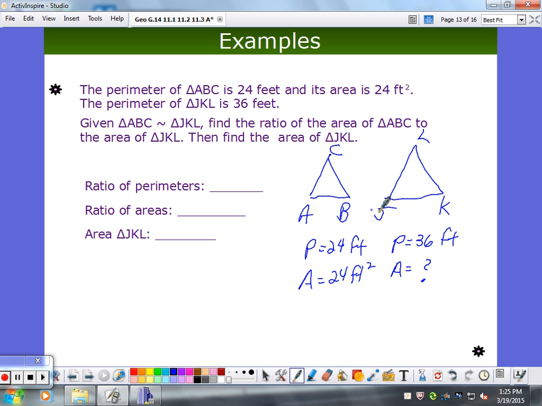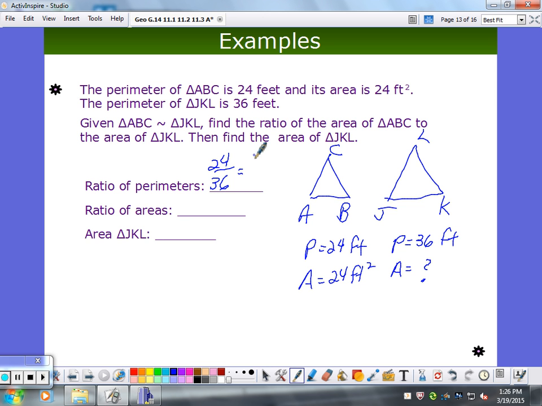So this is the kind of problem that this will help you solve. Now, what's the ratio of perimeters? You just take that 24 over 36, and reduce it, which is always a good idea.